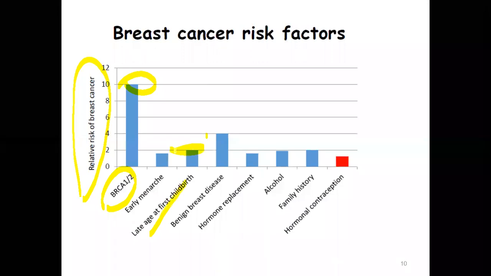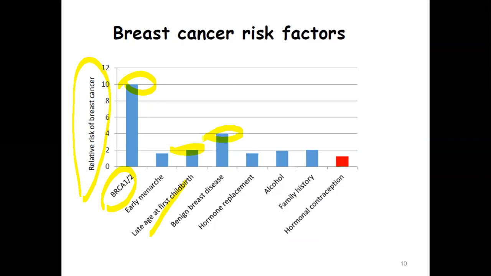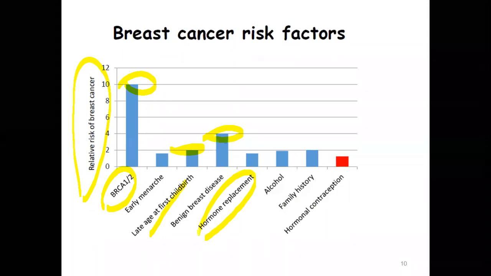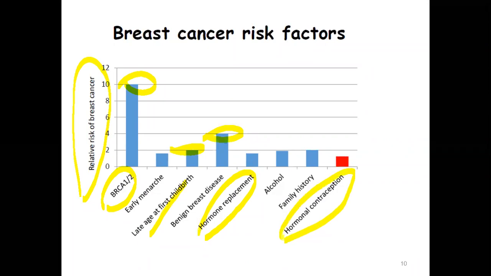Benign breast disease, the relative risk is about 4 times. Hormone replacement therapy is less than 2. Alcohol and family history are each equivalent to about 2 times. Hormonal contraceptive is almost 1.5 risk. So those are the relative risks according to various studies.